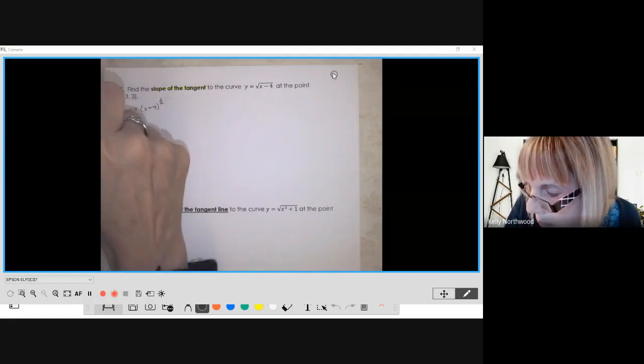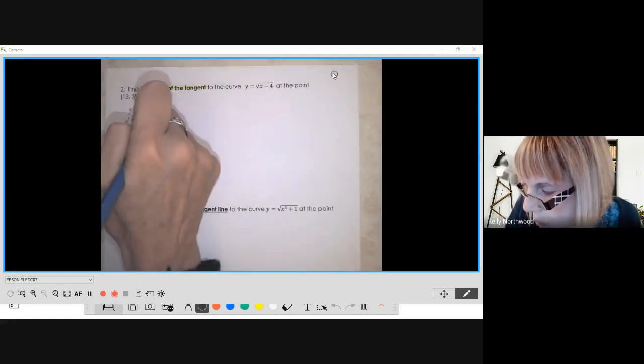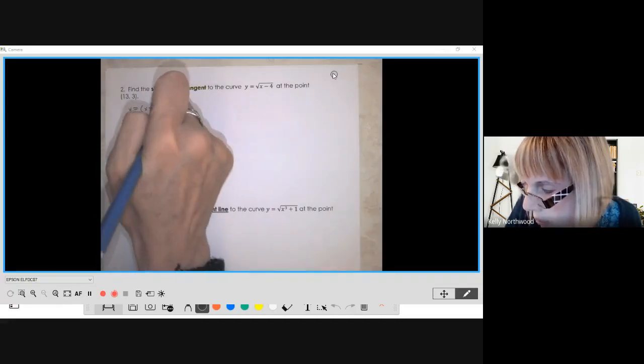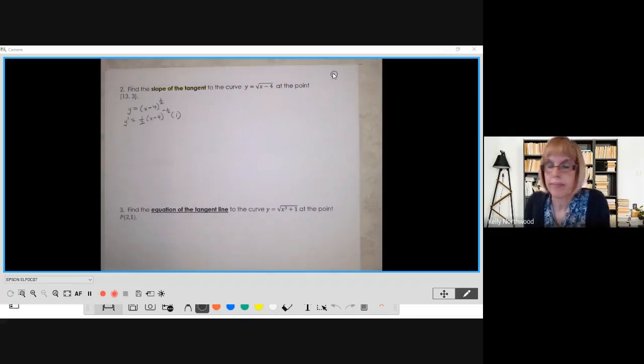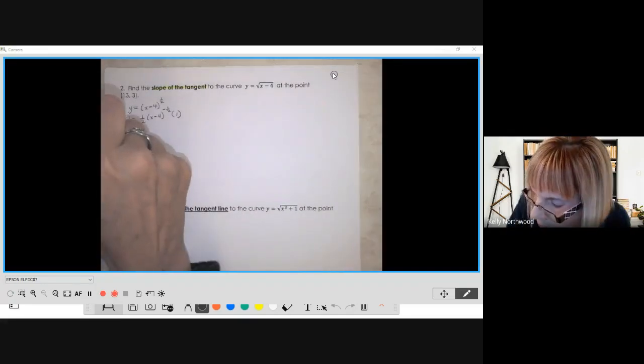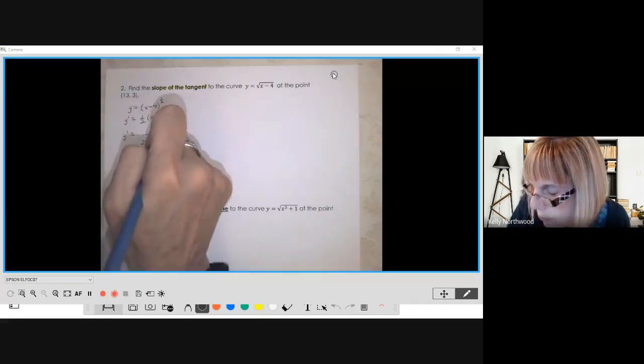So y prime is going to be 1/2 times x minus 4 to the -1/2 times 1 as our inner derivative. And if we want to simplify that, it's going to be 1/2 root x minus 4.